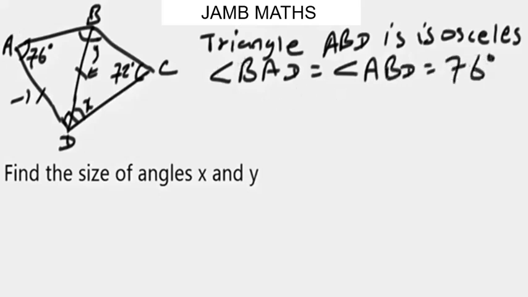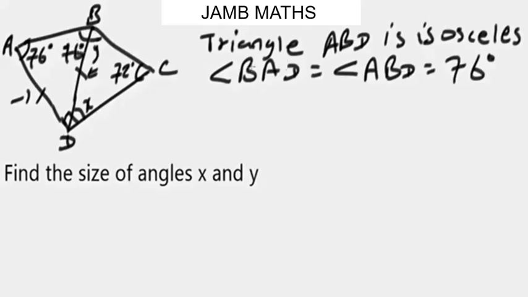Remember, angle BAD, we are referring to the middle letter as angle A. Since it's 76 degrees here, angle ABD, that is angle B, we also have 76 degrees here.